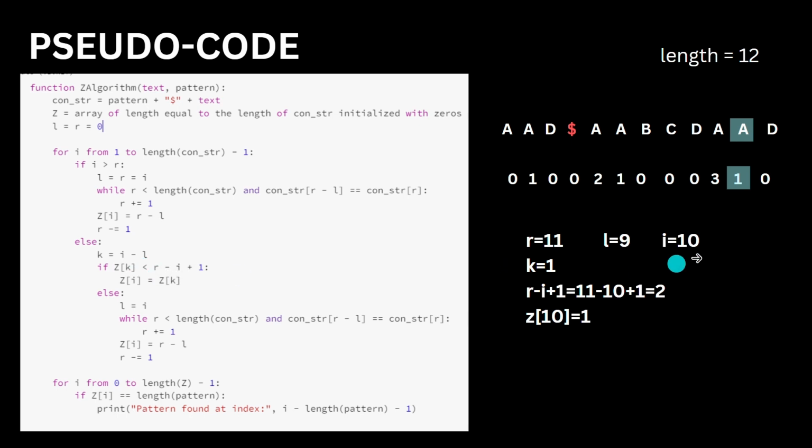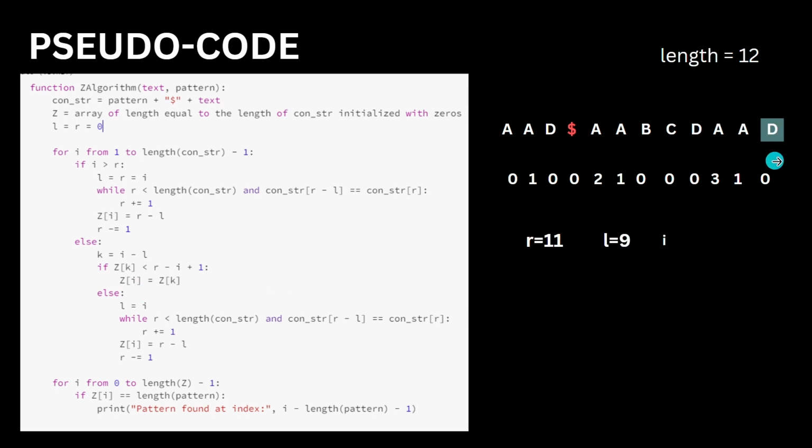And in if loop we have Z of K and R minus I plus 1, so we'll get R minus I plus 1 value to be 11 minus 10 plus 1, so the value is 2. And Z of K, which is Z of 1 value, is 1, which is less than 2, so we'll get into the if part. And so Z of 10 value will be 1.